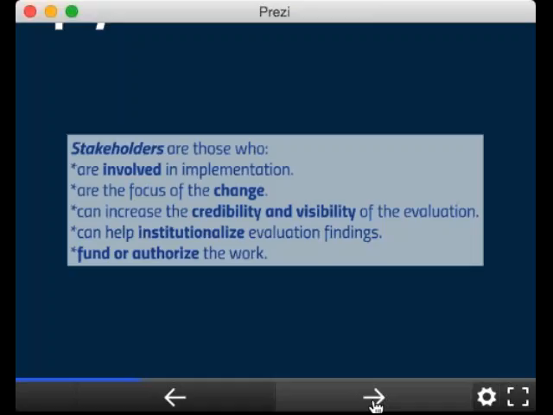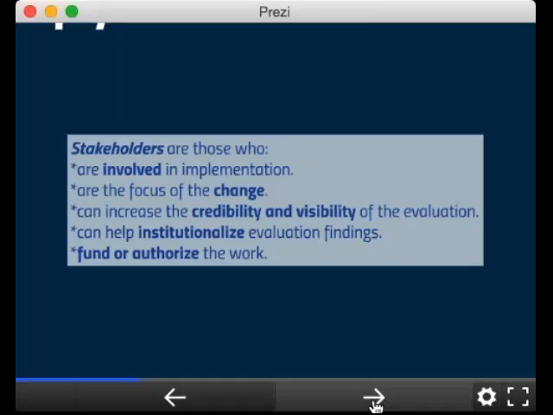And so are there folks who can help relay the message of credibility, but also help us gain more visibility of the evaluation itself? Are there folks who can help institutionalize the evaluation findings that we're involved in? 2 levels, right? First, we want to be able to think about, are there people that we need to have on board that will help us keep the evaluation going, right?